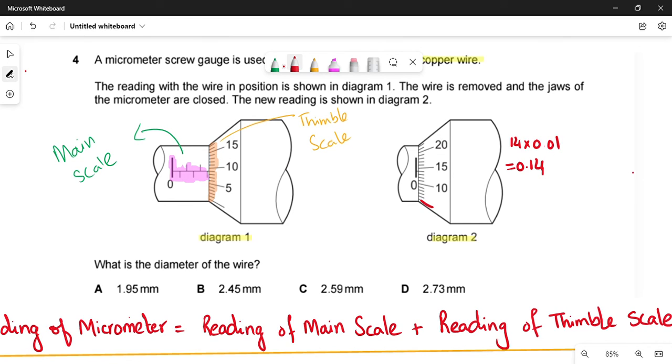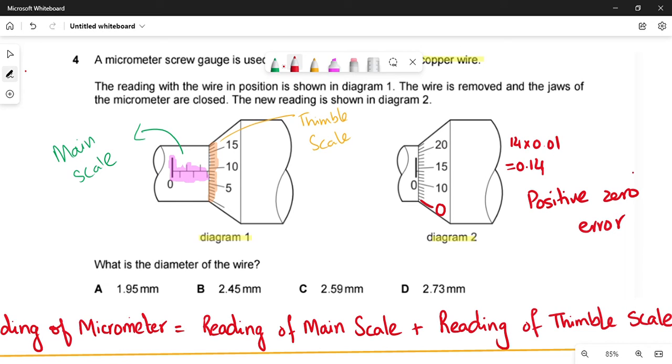They did not mark it, just to make you confused about it. You should have very much practice of these questions. So this is actually 0, and the line is coinciding above this 0, so it means that it has a positive zero error. Okay, so we figure this out from diagram 2.